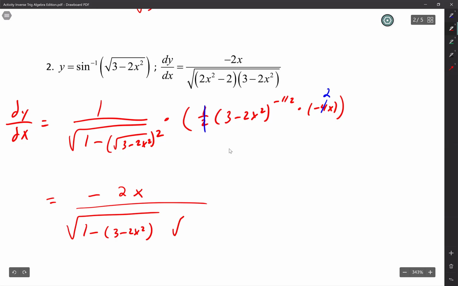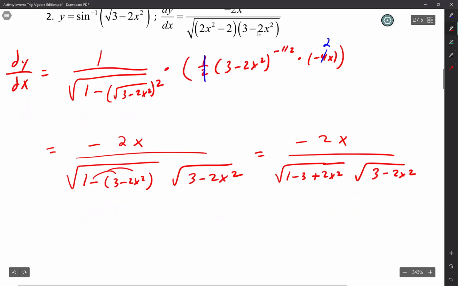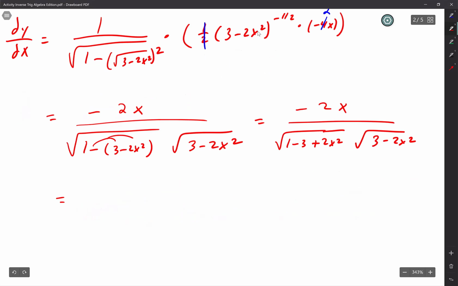And then I'm going to have square root again of 3 minus 2x squared. Okay, so now doing a little bit of algebra, I'm going to distribute this negative. You're going to have negative 2x over square root 1 minus 3 plus 2x squared, square root 3 minus 2x squared. I don't see any issues. I think we're still good.